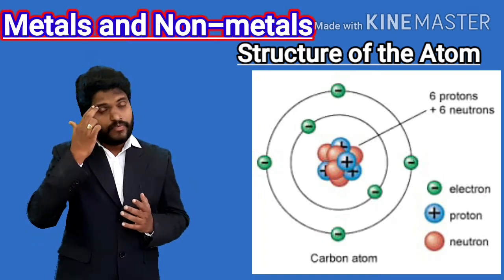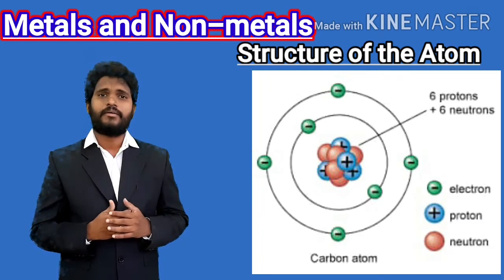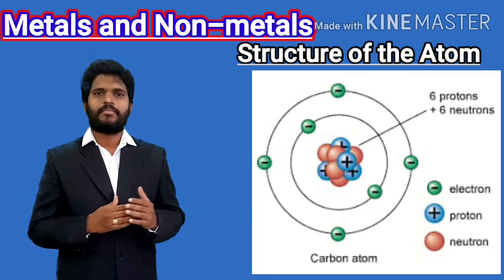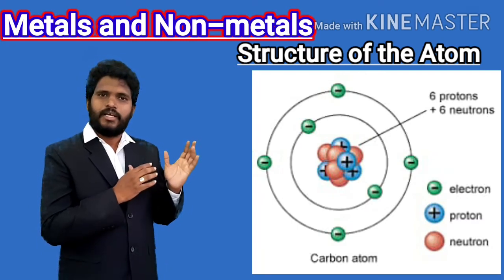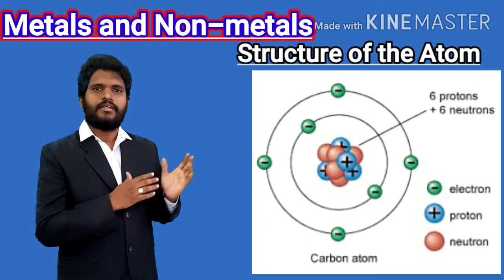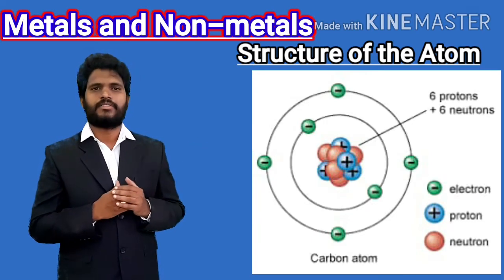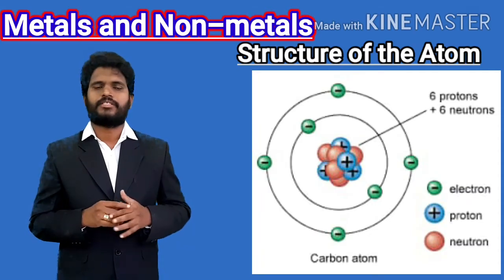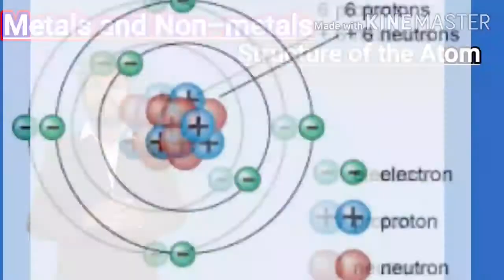Electrons are present outside the nucleus in the shells or orbits. Protons and neutrons are both present in the nucleus.